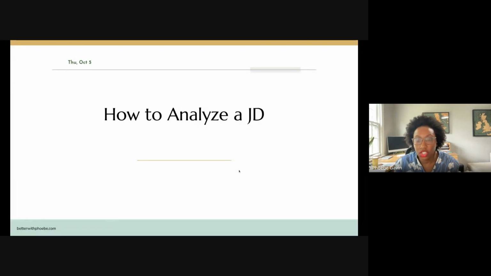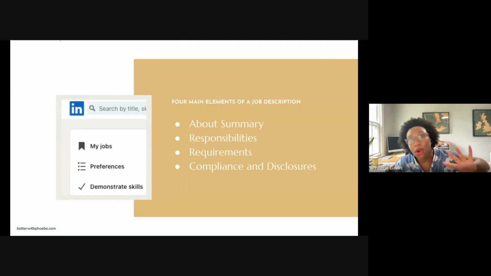So let's jump in. There are four main elements of a job description most of the time. There are some job descriptions that don't adhere to this structure because folks are getting creative or folks not writing job descriptions particularly well. But in general, a job description is going to have these four main elements.